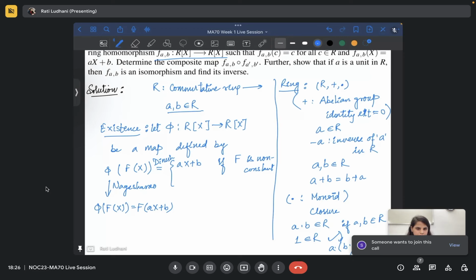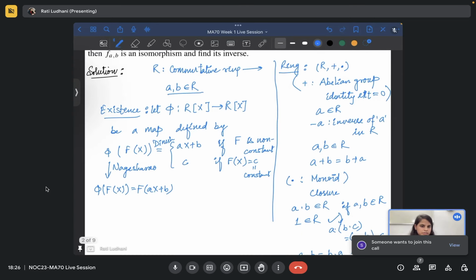For any c in R, if f(x) is equal to c. Let's keep it as a constant: c if f(x) is equal to c, which is a constant, the constant term in f(x). So if f(x) is constant, then c, and if f has degree 1 or bigger, you define it to be ax plus b.